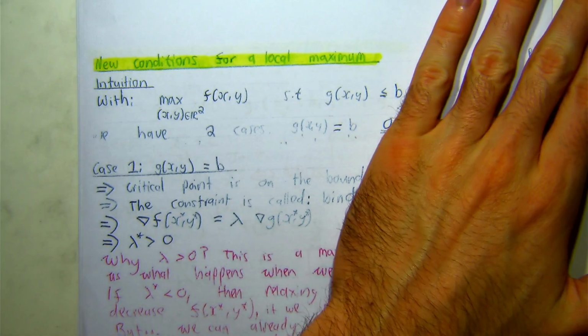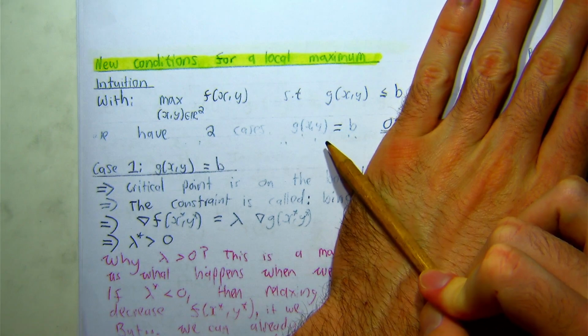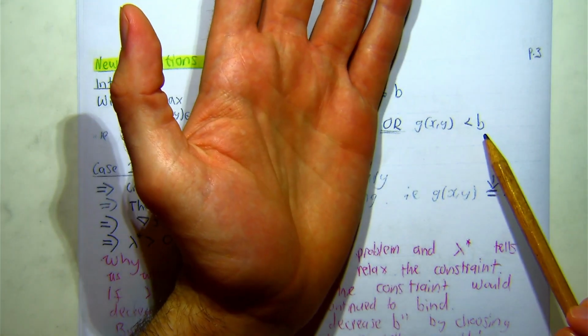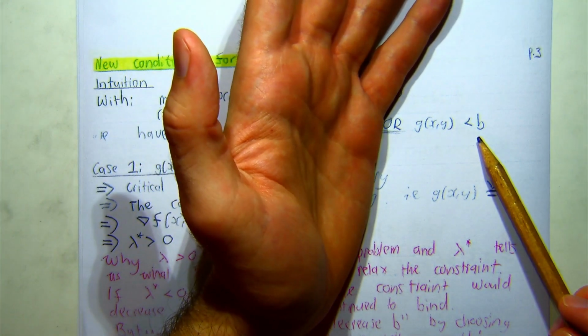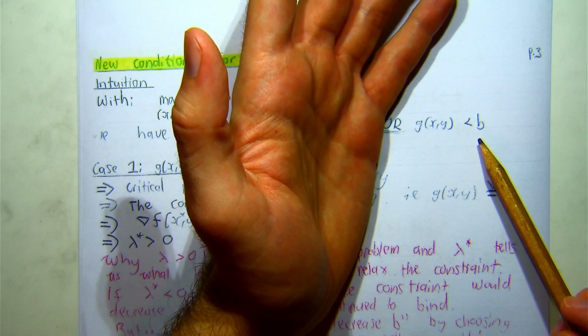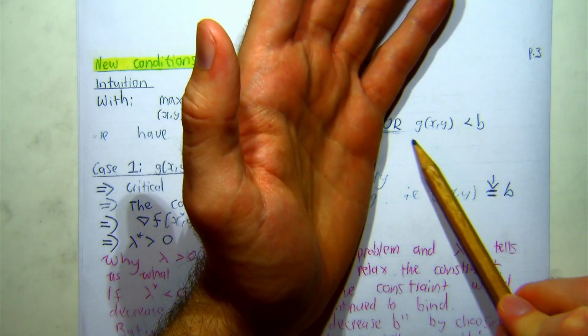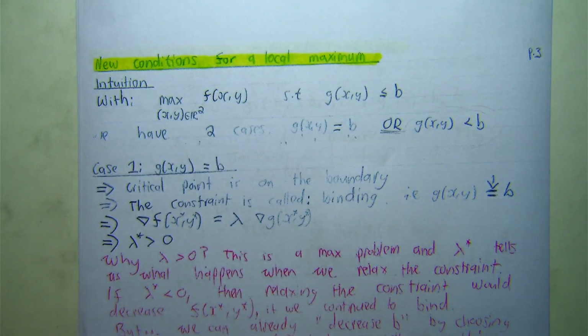And if it's equal to b, it's the same process that we're used to where you're solving and looking for the tangency condition. But if it's strictly less than b, actually it's another process that we're used to, which is normal unconstrained optimization, where you're looking for turning points. And in this case, the turning point is inside of this region of less than b. Now, the thing that's complicated is we don't know which one it is.